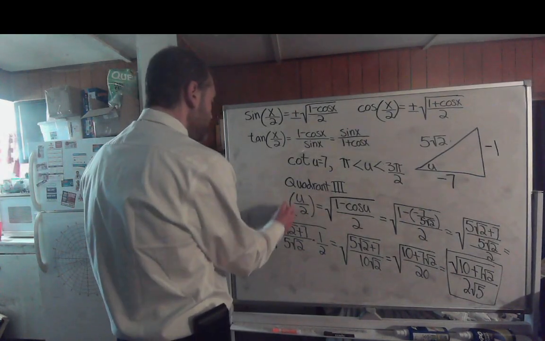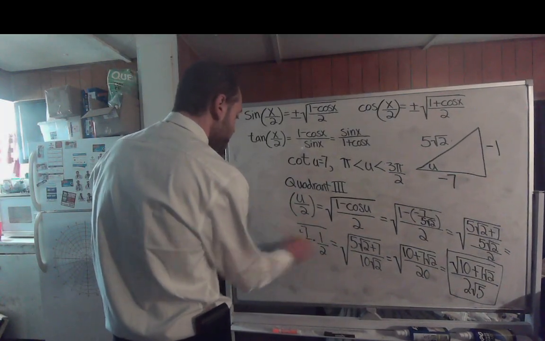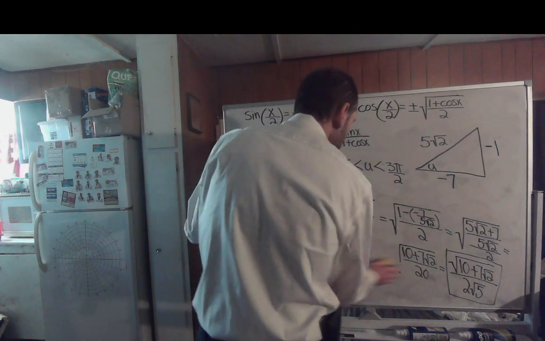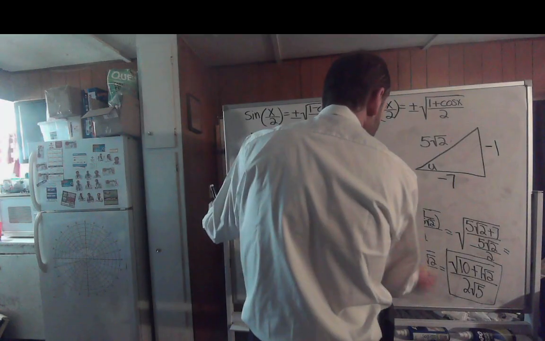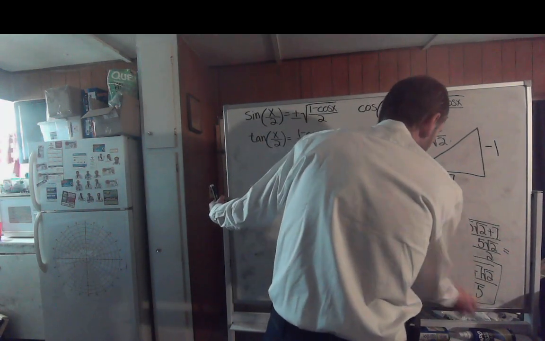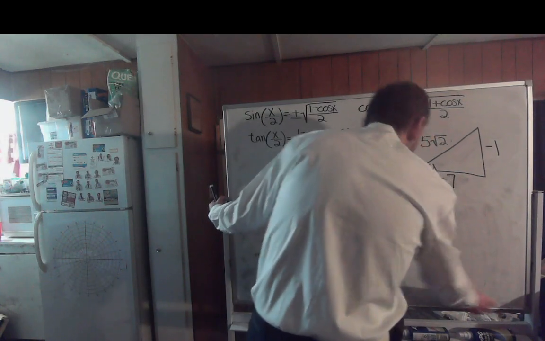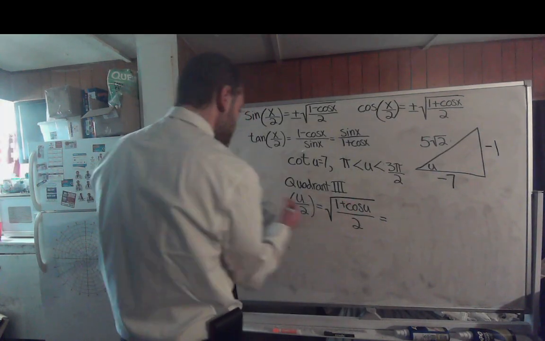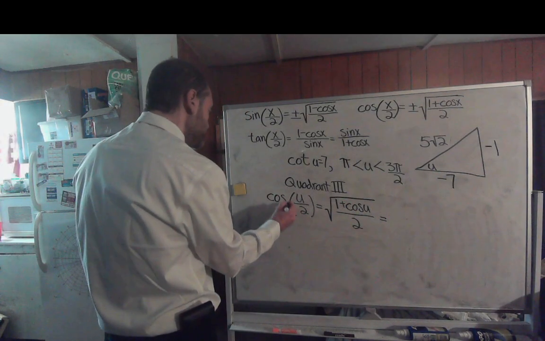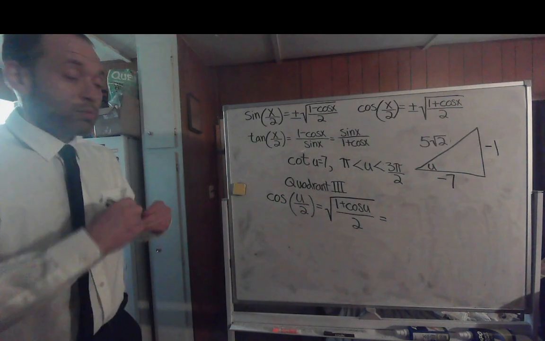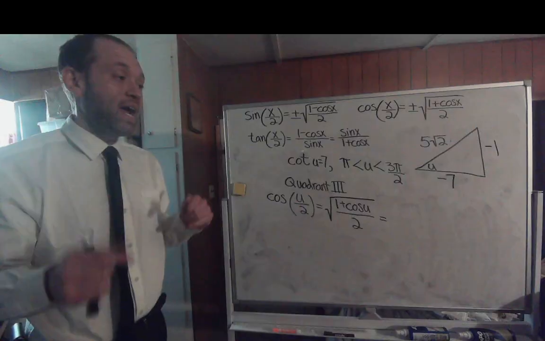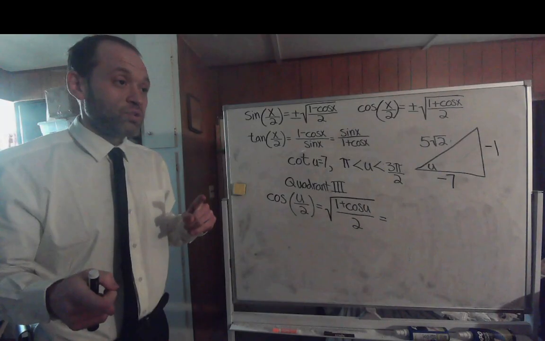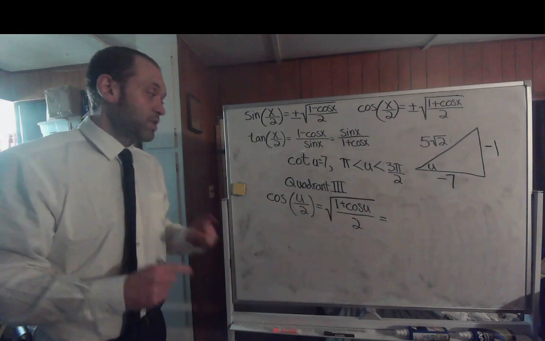All right, and we're going to deal now with the cosine of u over 2. And this is where it takes a bit of a twist. So let's do the cosine of u over 2. Now, we've already determined that half of a third quadrant angle is actually a second quadrant angle.